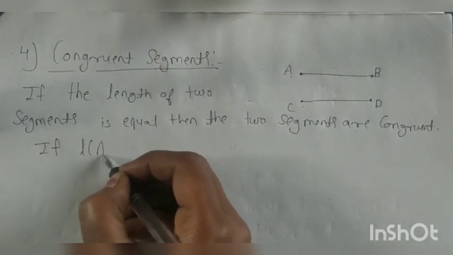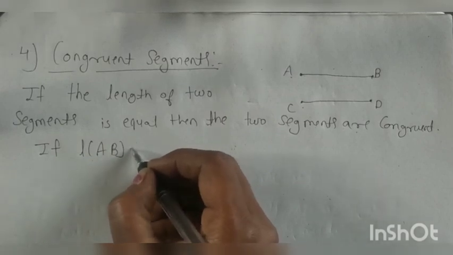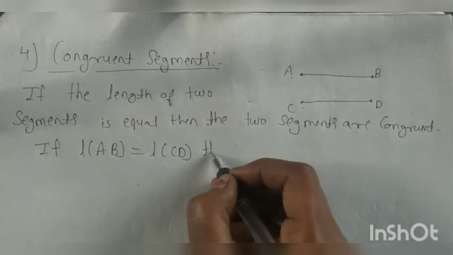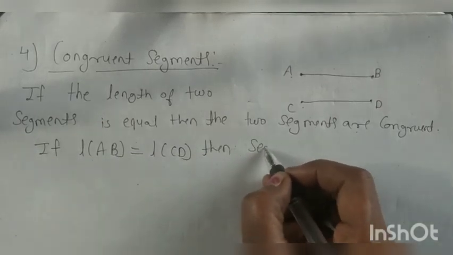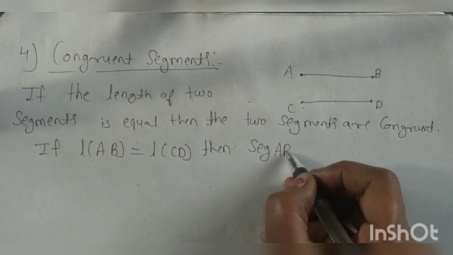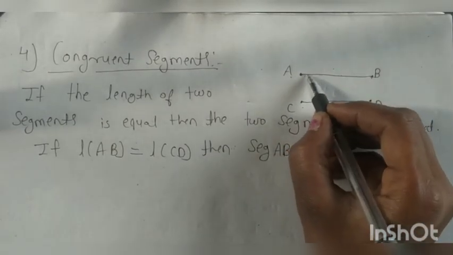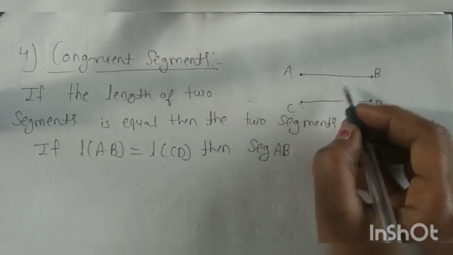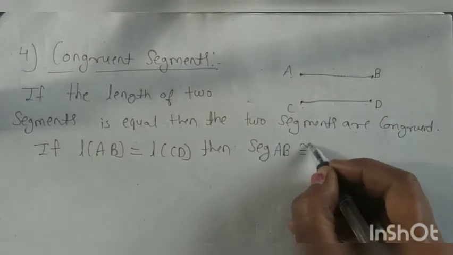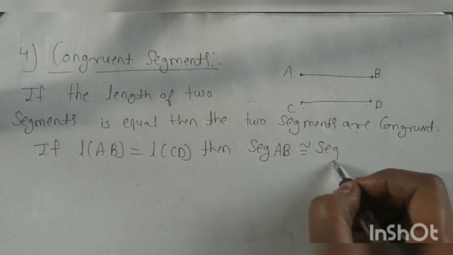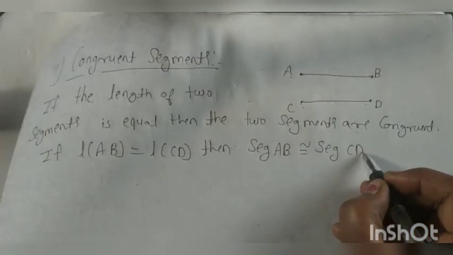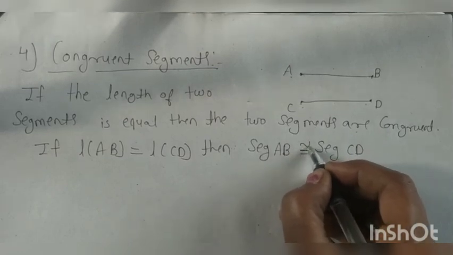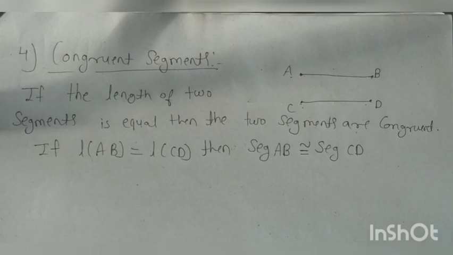If length of AB is equal to length of CD, then segment AB is congruent to segment CD. See, this is the symbol of congruent.